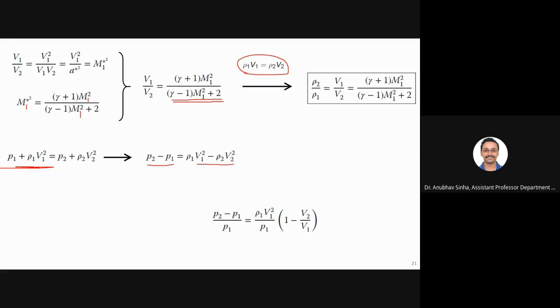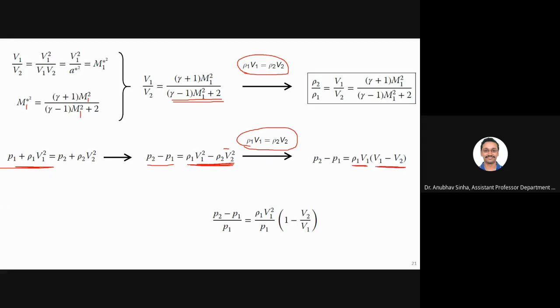Now this is coming from continuity, right? Rho 1 V1 is equal to rho 2 V2. So if I substitute it here, I can write delta P is equal to, now in the RHS, if you take rho 1 V1 as common, I'll have V1 minus V2. I'll take that common and keep it out. I'll have delta V here.